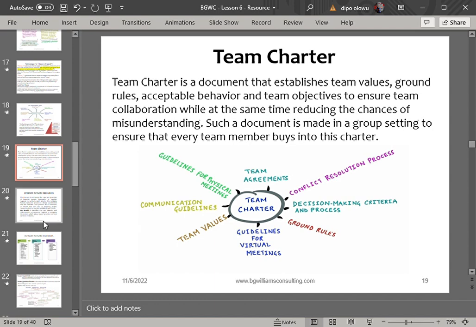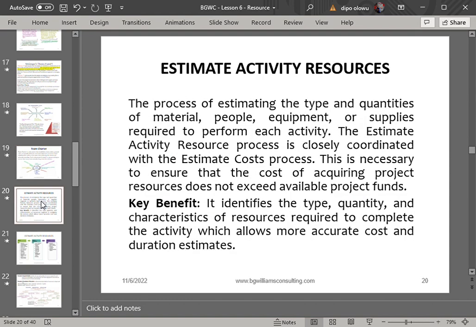Okay? Then the next thing that will be discussed, since we have finished planning, is estimate activity resources. In this stage of our project, we actually want to look at the numbers of resources we need. Just as it sounds, estimate. So we can't actually do this process without the WBS.